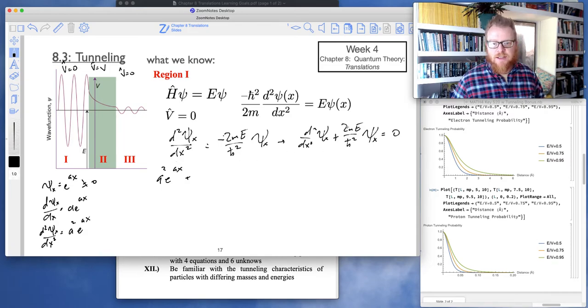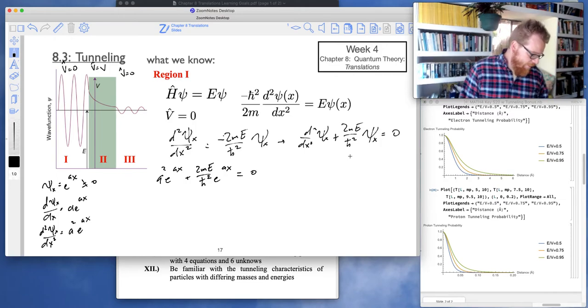Now plus 2mE over h bar squared, so I keep all of those constants. And now I know here psi of x is e to the ax, and all of this equals 0, right, from my equation there.